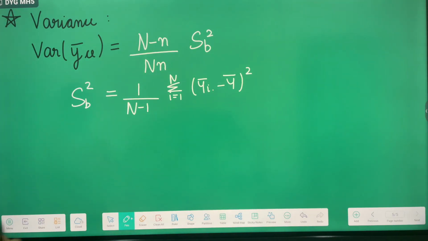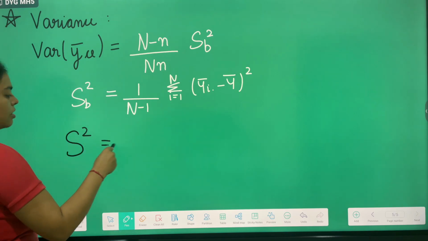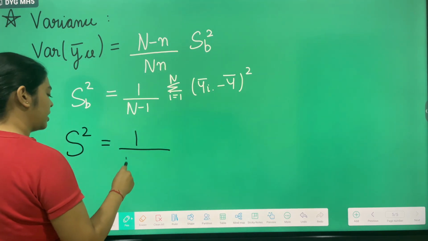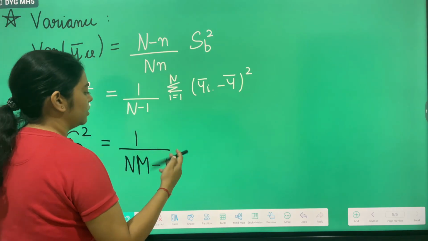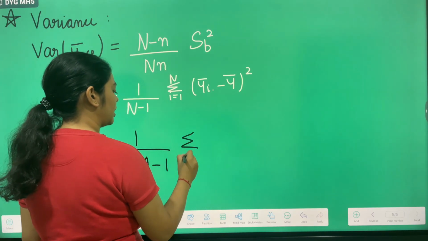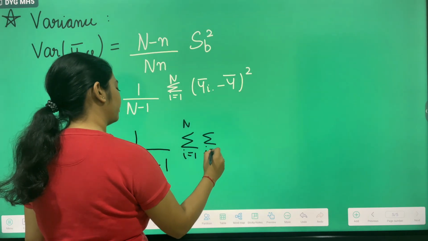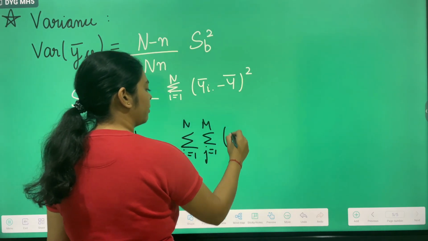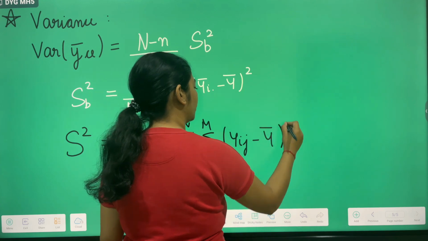Now we know that S square, capital S square, is nothing but 1 upon NM minus 1, where NM is the total population, into summation i goes from 1 to N, summation j goes from 1 to M, y_ij minus y bar whole square.